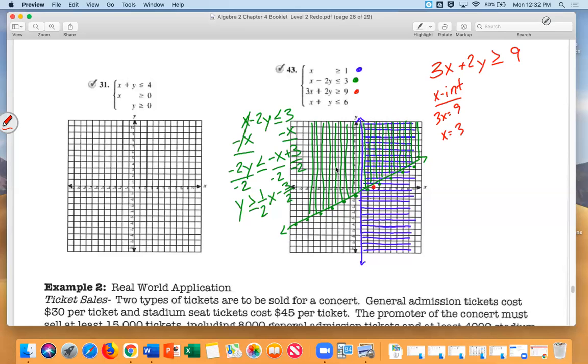It's going to be right there. Y-intercept, cover up that x, and I get 2y equals 9, and y equals 4.5. So I go find that. 1, 2, 3, 4, 5, right there. And then I connect them using a solid line.